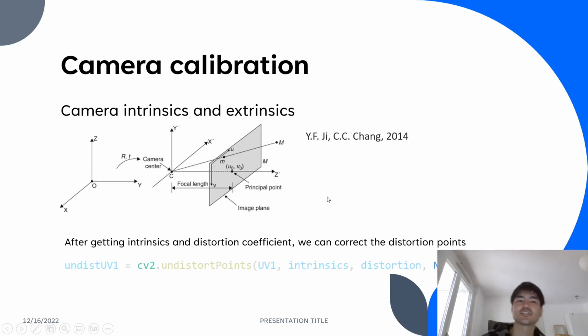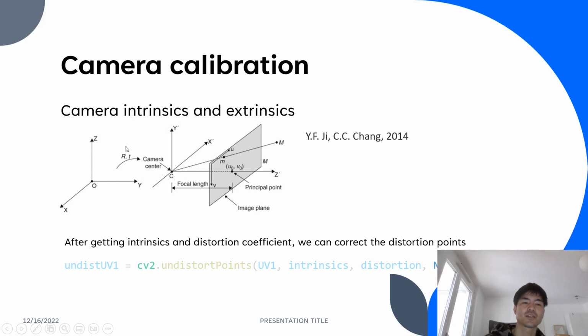And the camera extrinsics, the pose of the camera with respect to the world coordinate system, we usually represent with a rotation matrix and a translation vector right here. Let's say there is a world coordinate system right here and the camera is right here.